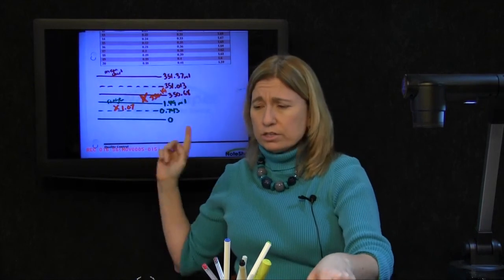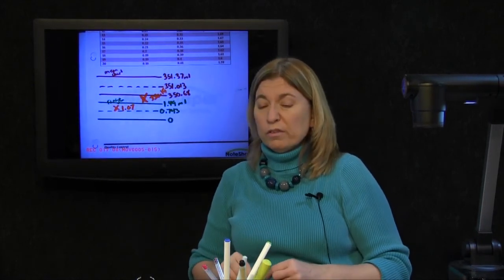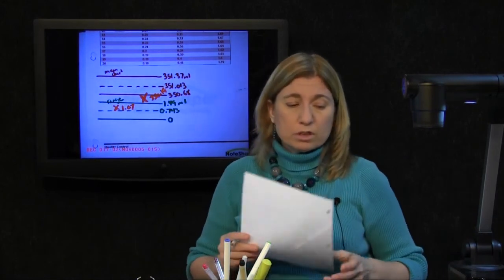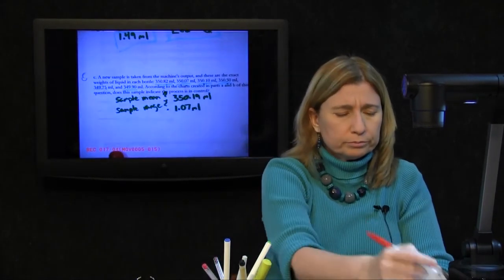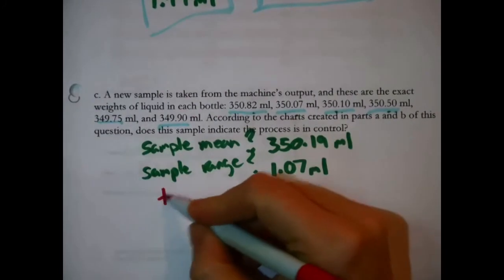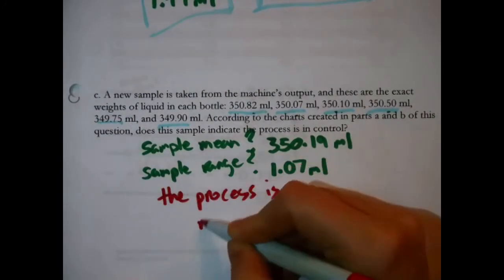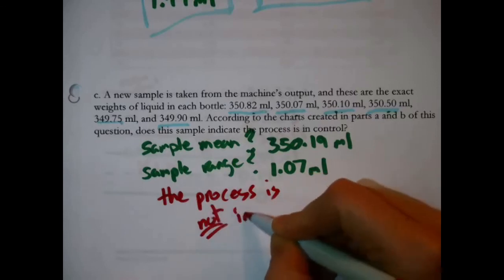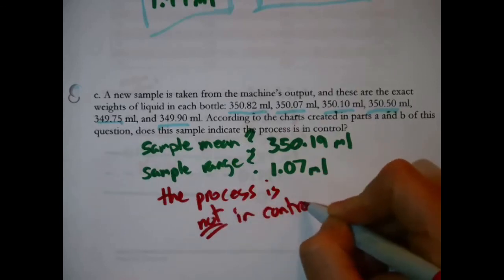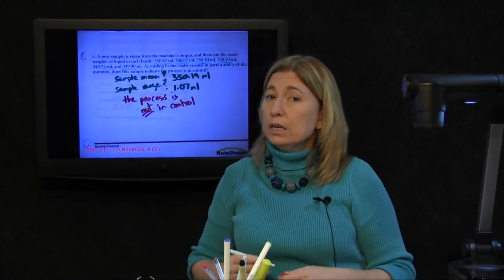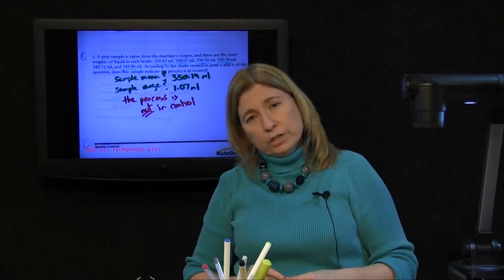That right there is a signal that no, this process is not in control. That was a very lightweight sample. Something's going wrong here. The process is not in control. The sample mean fell outside the mean chart limits.